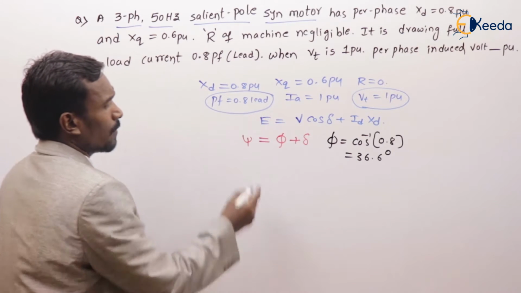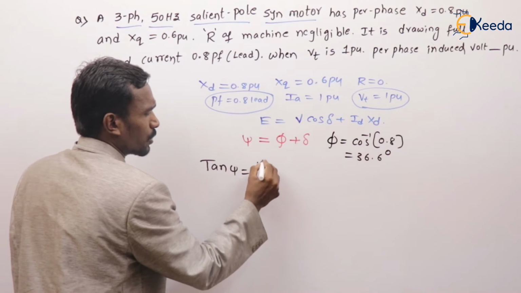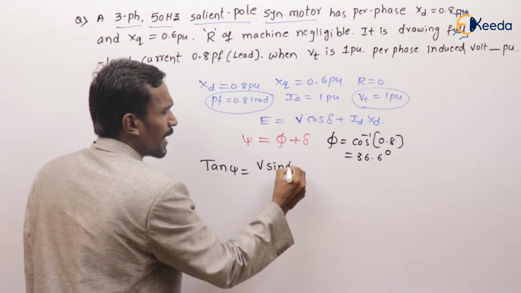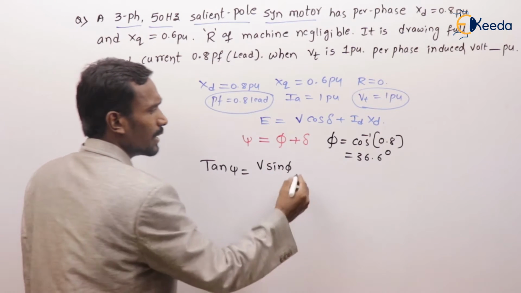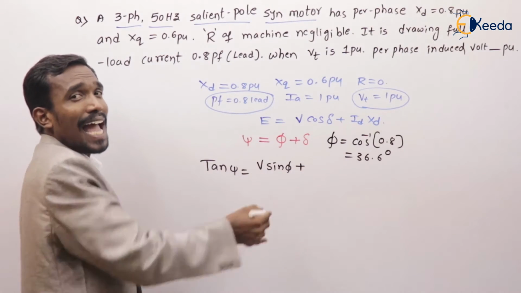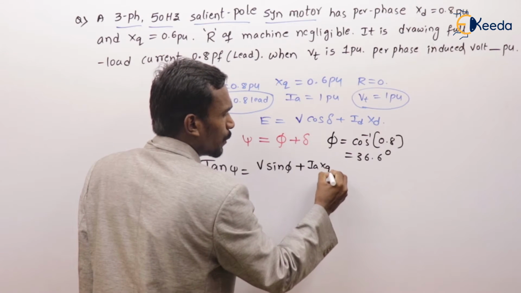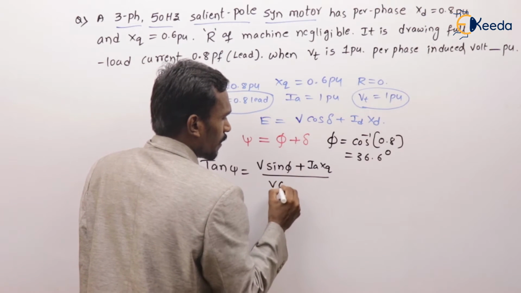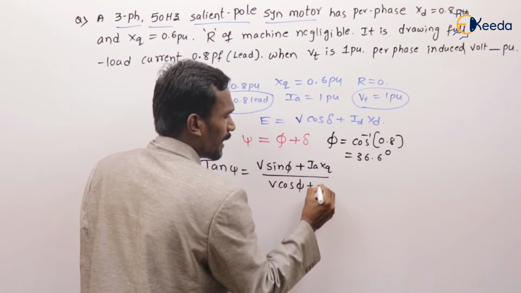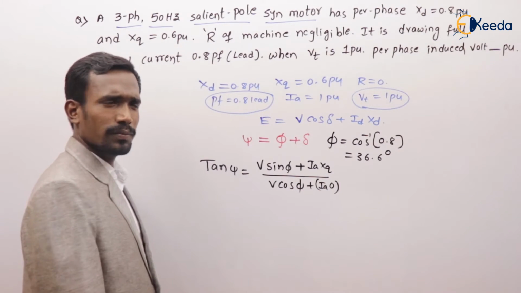Then next we have to find out psi. Tan psi is equal to V sin phi, plus for leading and minus for lagging in a synchronous motor, Ia Xq divided by V cos phi plus Ra, which is 0.